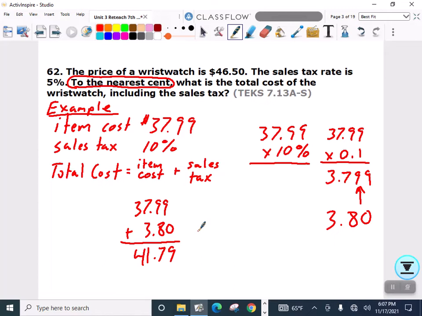When I added with decimals, I had to line up the decimal point. If you notice, I can make a straight line straight on down through there. Whereas over here, when we multiply with a decimal, we do not have to line the decimal point up. It's only on addition and subtraction that we have to line the decimal point up.